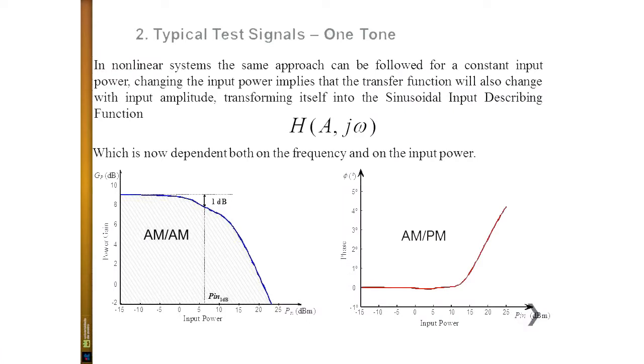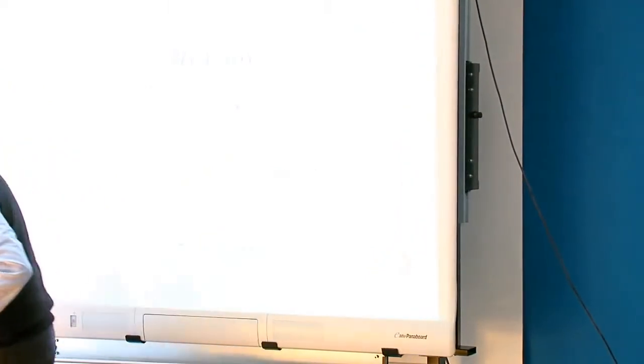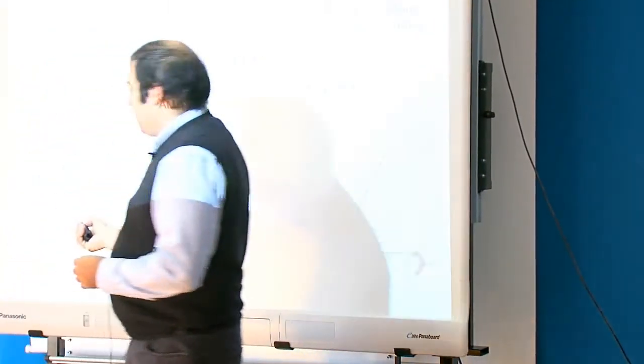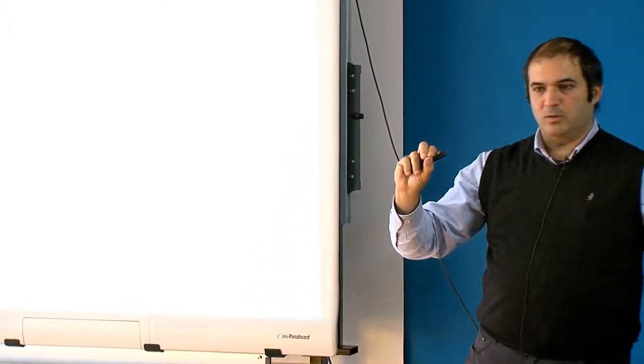Okay? So actually, what you'll see is that the gain starts to decrease because you are increasing the input, but the output doesn't increase, so the gain decreases because the ratio decreases. So this is called, from a nonlinear point of view, AM to AM conversion. You are converting amplitude at input to amplitude at the output.